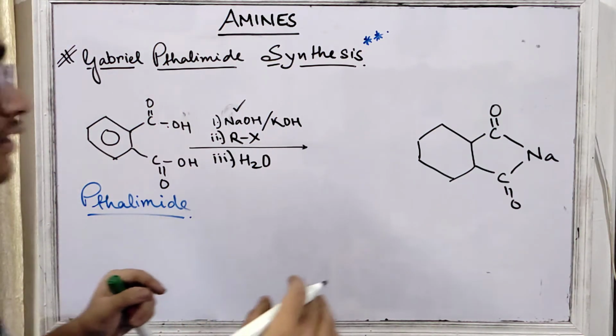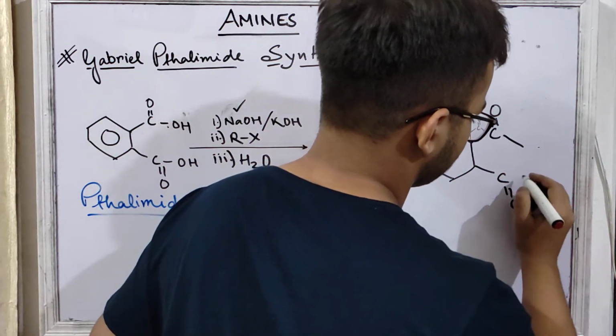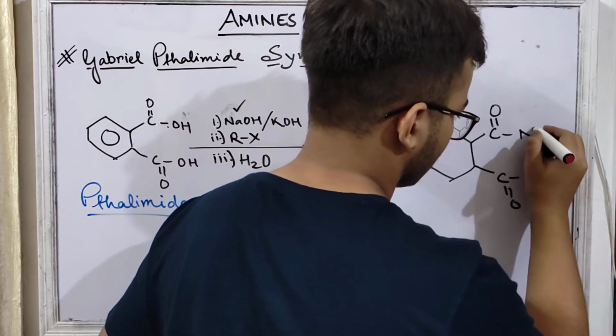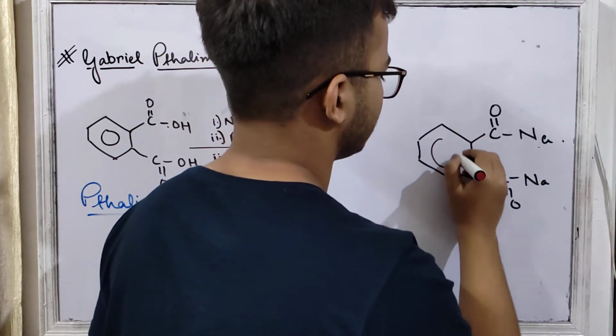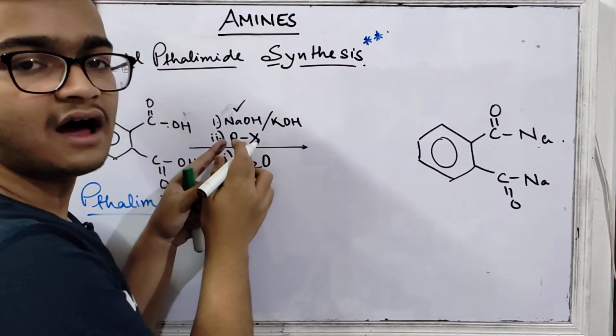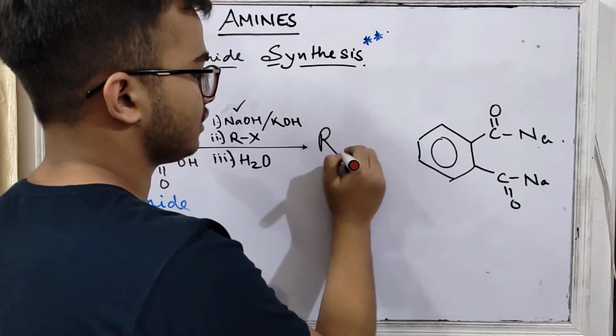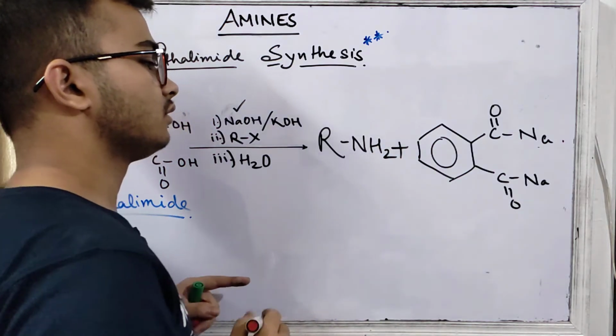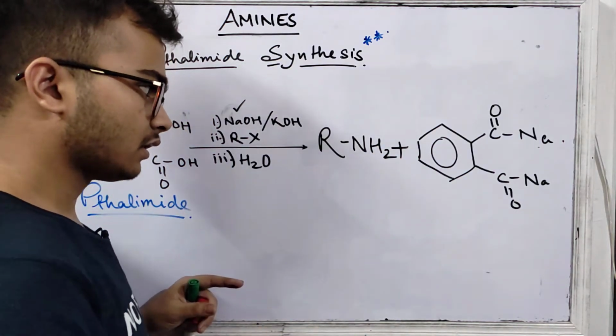I am sorry, I made a mistake. But we are not concerned about this, because this is not an amine. We get the amine from this RX. Okay, so you get RNH2. Clear?